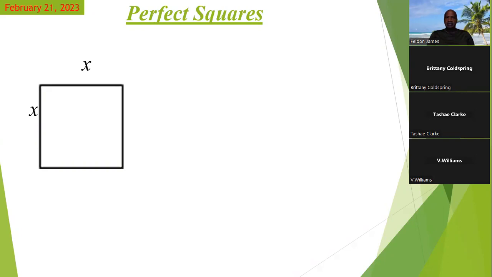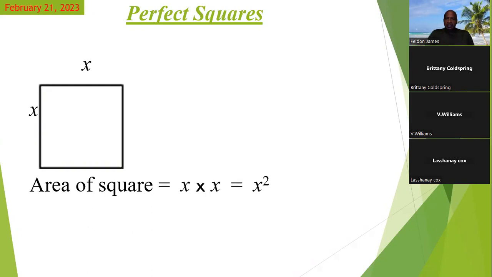And so in this case, if the length is x, and all the sides of the square have length x, and if the area is length times length, then the area of this square with length x would be x times x, which is x squared. And everybody will agree with that.